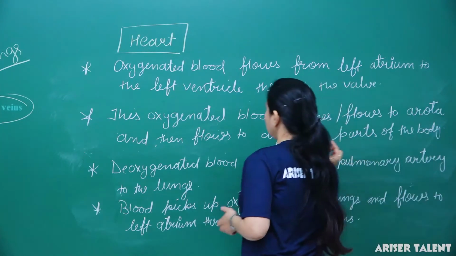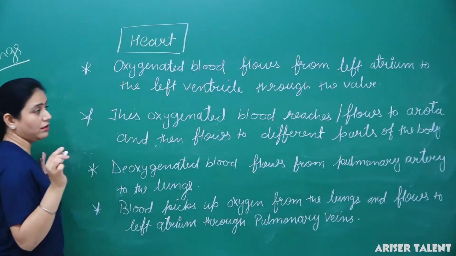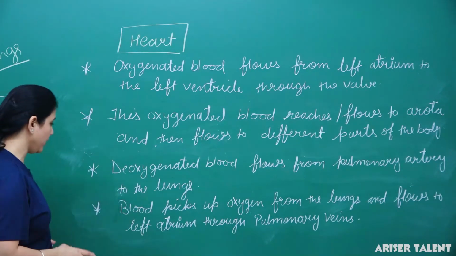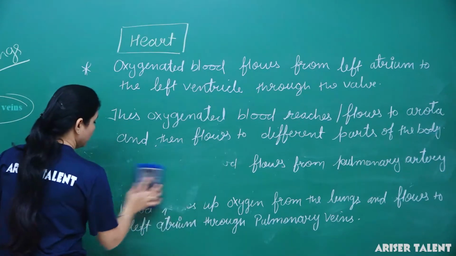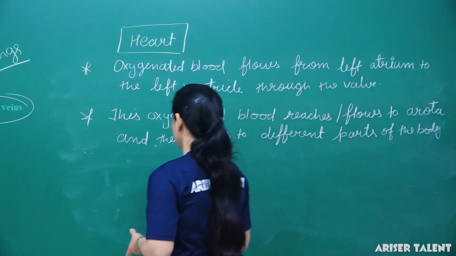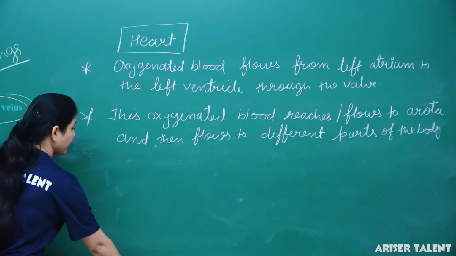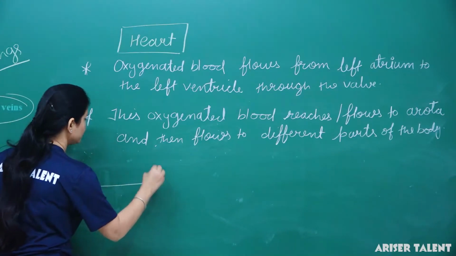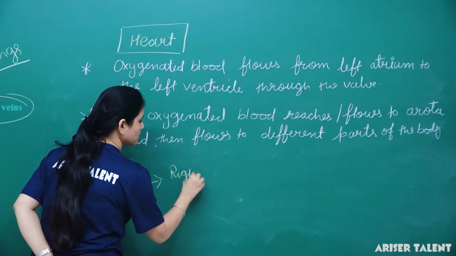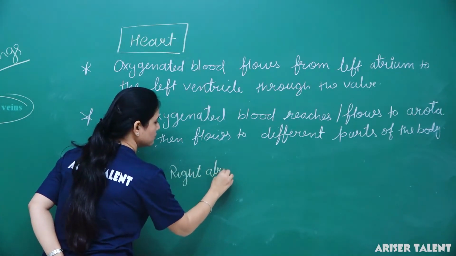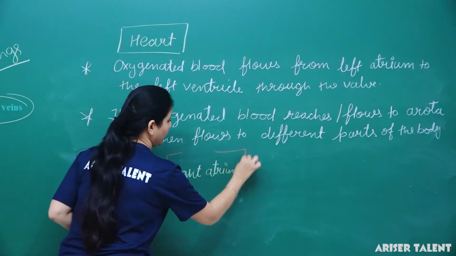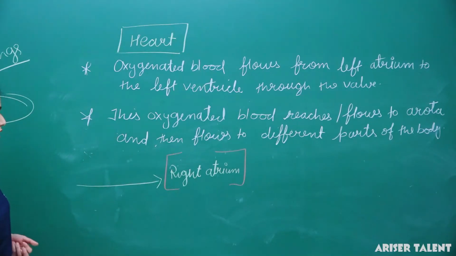Okay, so this is the complete mechanism of working of the heart, or we can say this is the process of working of the heart. Let me summarize it for you. Deoxygenated blood reaches the right atrium through the superior vena cava and inferior vena cava.